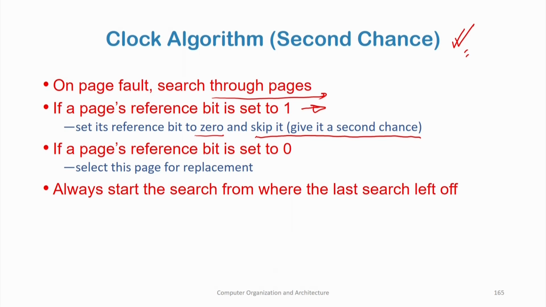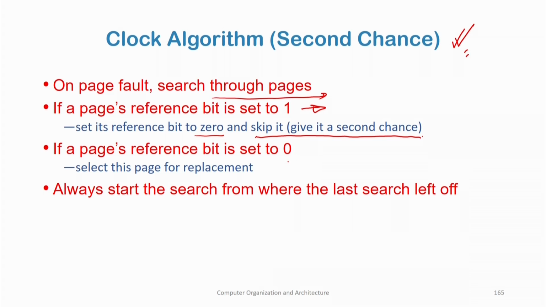Now, in the second chance page replacement algorithm, if the next page that I am looking at has a reference bit of 1, I do not replace that page. I give it a second chance. I set its reference bit to 0 and skip it.